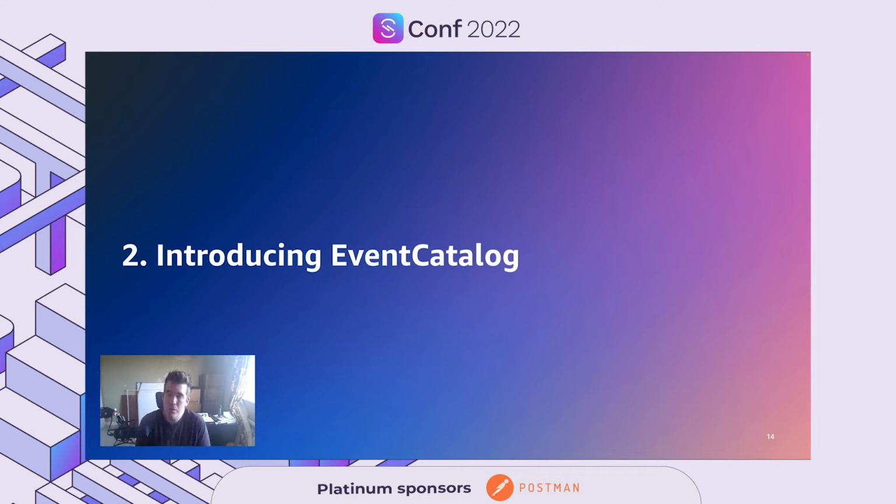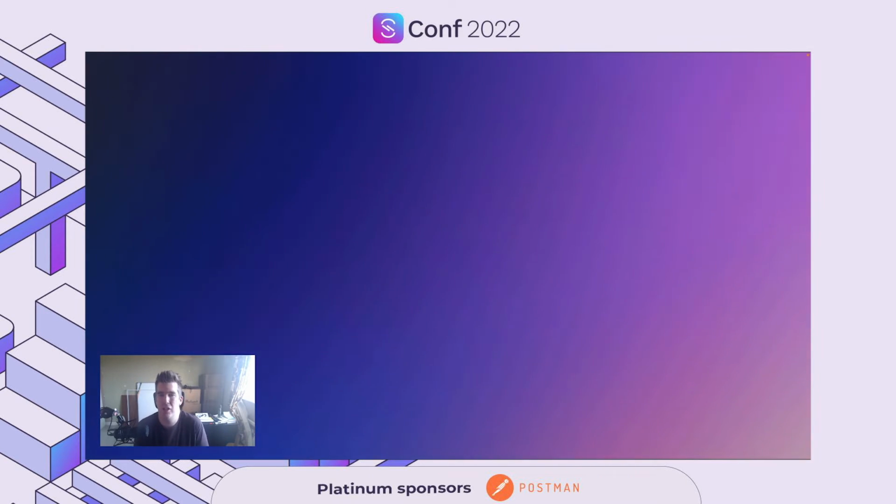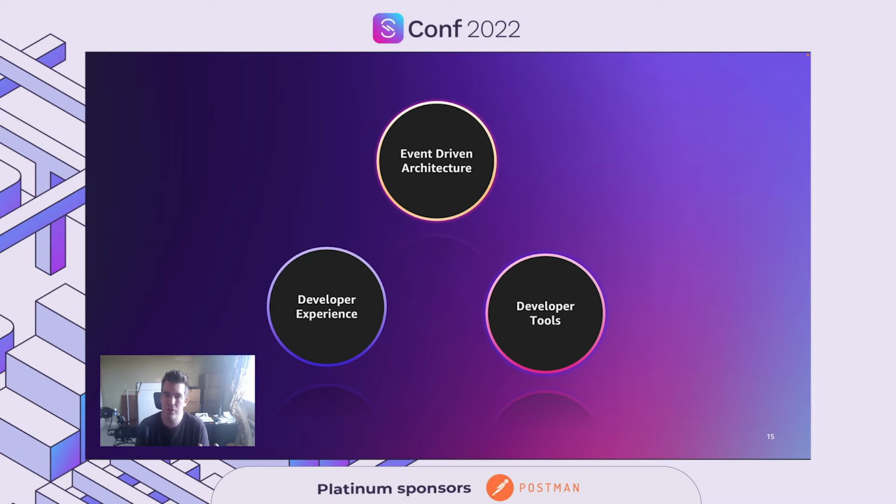To explain this, I want to focus your attention on three different areas that I've been exploring for the past few years. These are the things that get me excited personally: event architectures, developer tools, and developer experience.